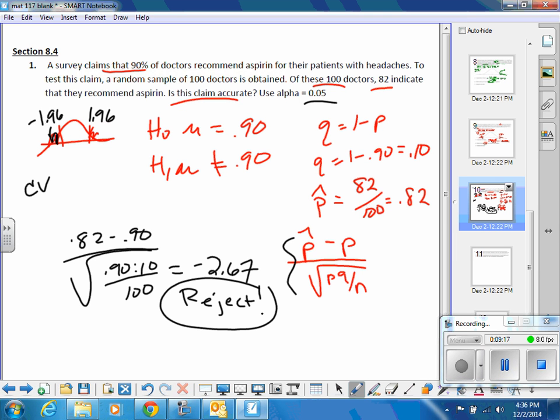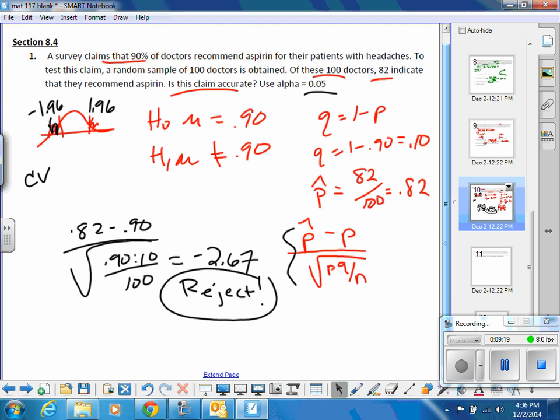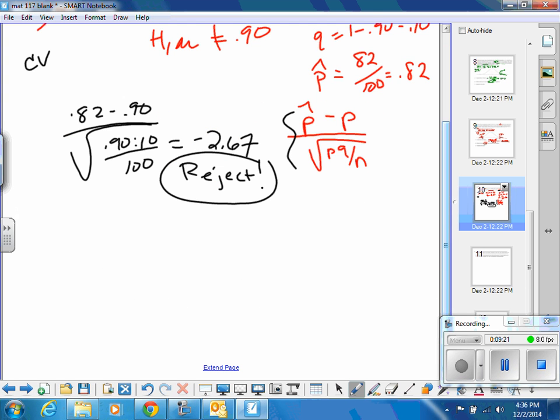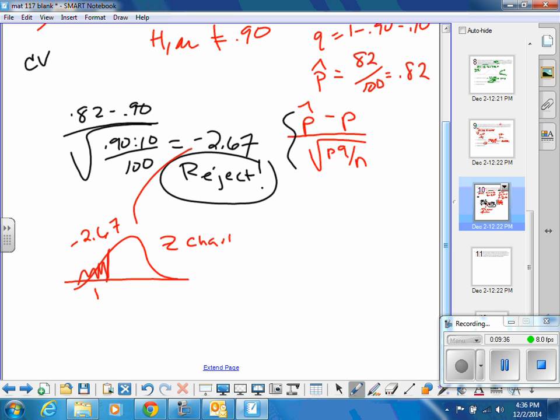Let's talk about the p-value. Where does p-value come into play? Well, what you want to do is actually look up this number. So you get your value, here's negative 2.67. You find out that this shaded area, if you look it up in the Z-chart, is 0.0038.